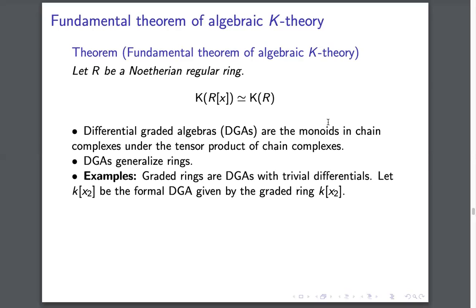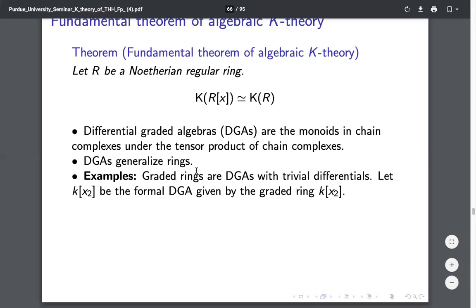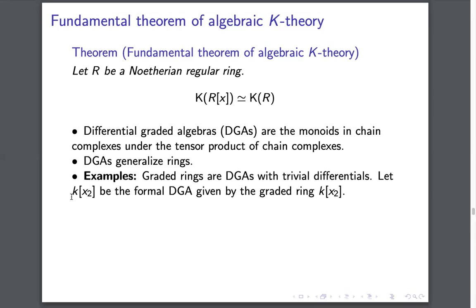So this graded ring obviously turns into a DGA with trivial differentials, and these are what's called the formal DGAs. So let's focus on this particular graded ring, K[x_2], the graded polynomial algebra with a single generator in degree 2.